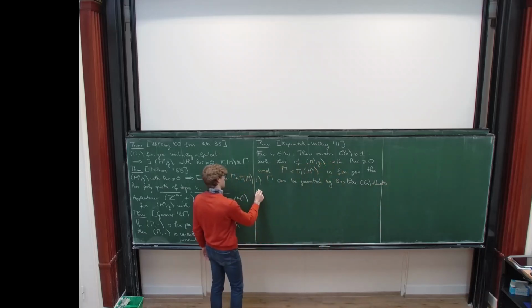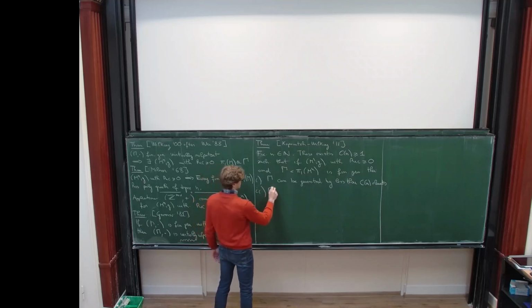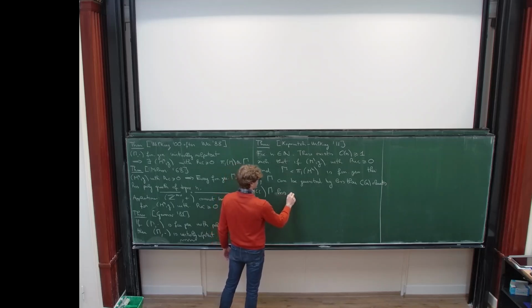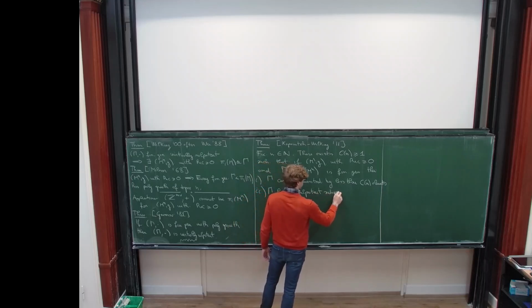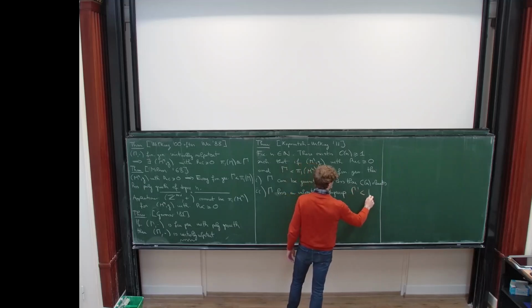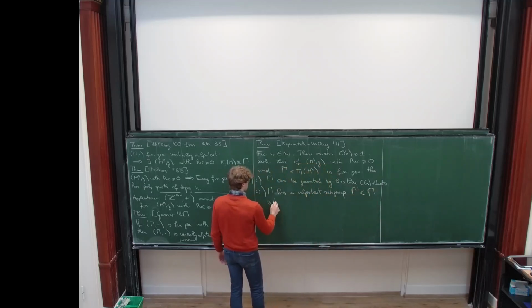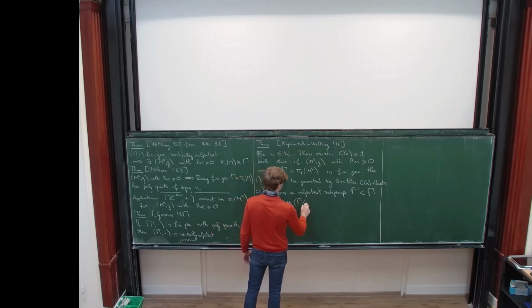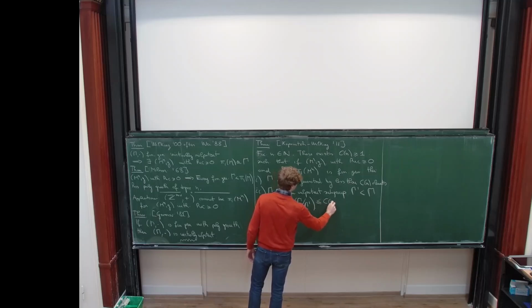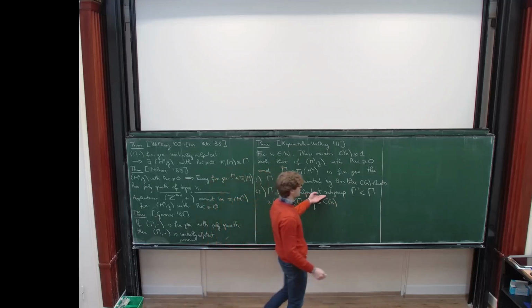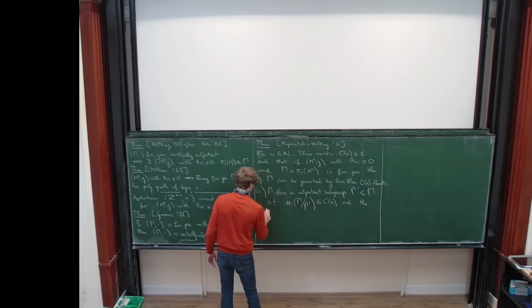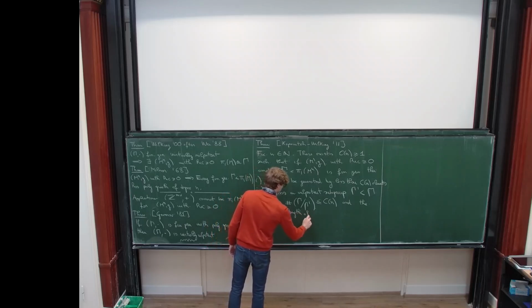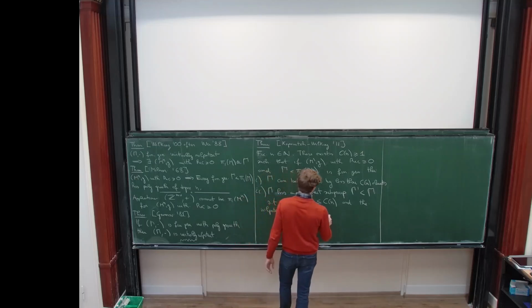Okay, and second, Γ has a nilpotent subgroup Γ' such that the index of Γ' is less than C(n). Okay, moreover, you can also bound the nilpotency length of Γ'. This is less or equal than the dimension.